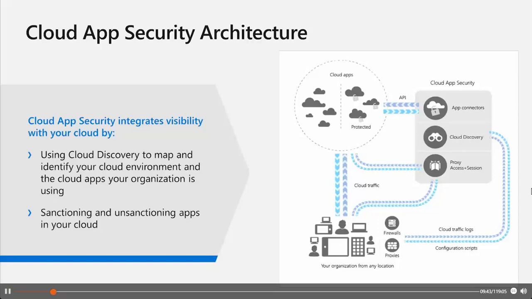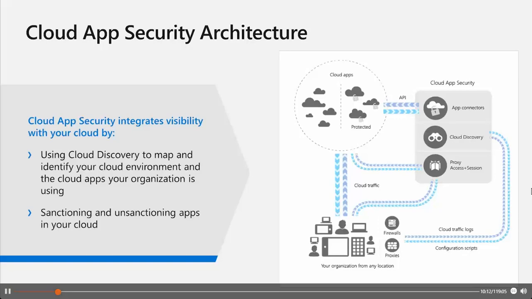To connect an app and extend protection, you as the administrator authorize Cloud App Security to access the app specifically. Then Cloud App Security queries the app for activity logs, and it scans data, accounts, and the cloud content. So Cloud App Security can enforce policies, detect threats, and provide governance actions for resolving issues.